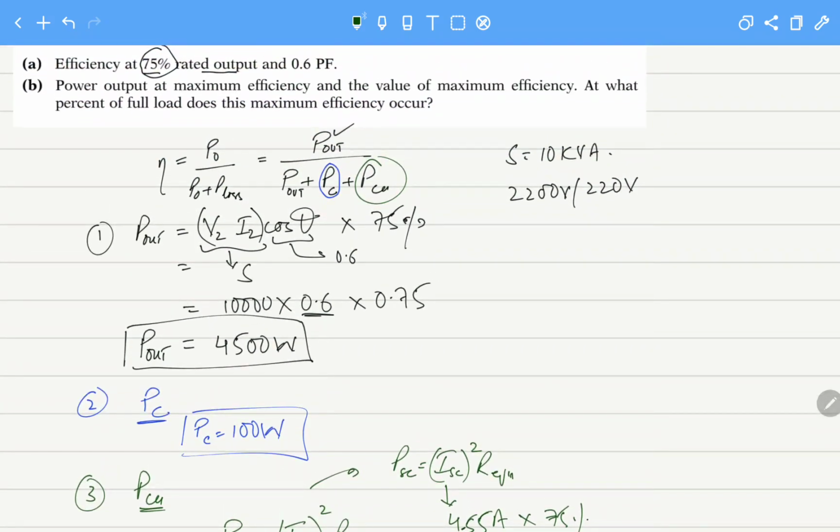Now if we look at our equation, we have P out, we have the core losses, we have the copper losses.